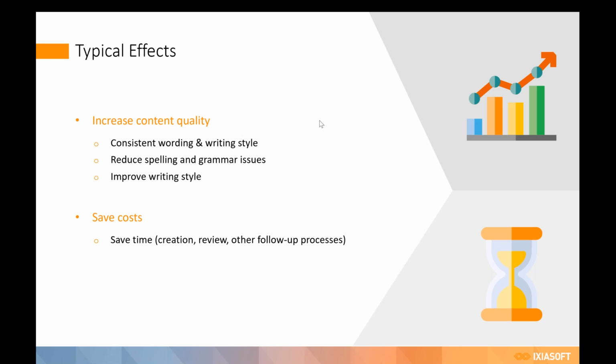There are, of course, other effects, like reducing legal risks, such as, for example, when using STE. And of course, you also have effects such as strengthening your brand or building up customer trust, or even differentiation from your competition using your text content. But those are the main typical effects of authoring assistants, and they can even be calculated.